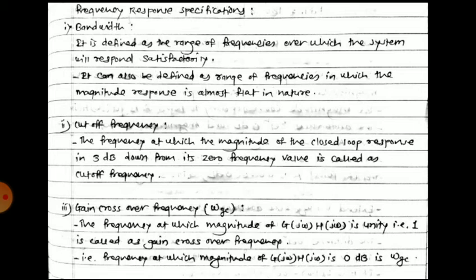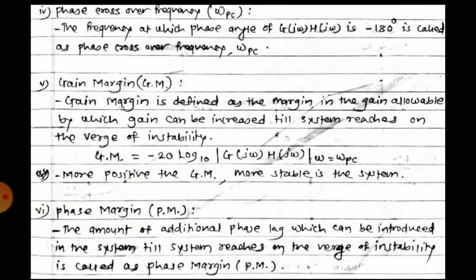So the frequency which crosses the 0 dB line is called the omega GC. Phase crossover frequency, omega PC: the frequency at which the phase angle of G(j omega)H(j omega) is minus 180 degrees is called the phase crossover frequency.